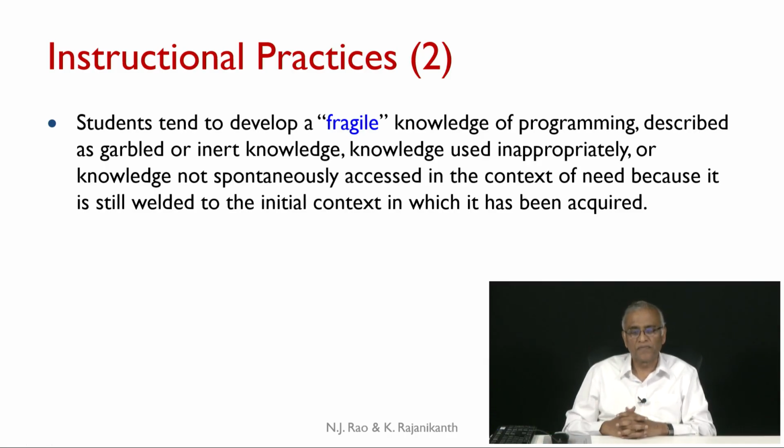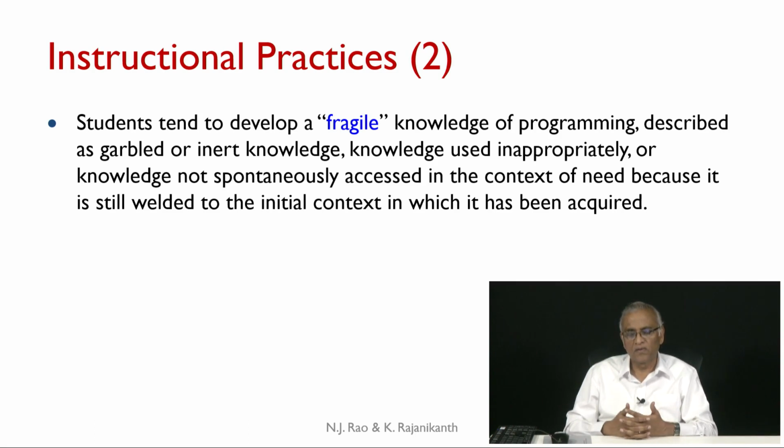So what is the consequence? Students tend to develop a fragile knowledge of programming, described as garbled or inert knowledge. That means you know a set of programs. Say you write out of the 20 standard programs, and there is one program to find the area of a rectangle. If you ask the student to find the area of a triangle, almost 90% of the students seem to fail. So they have inert knowledge, but they are not able to understand the new context and slightly alter the code.